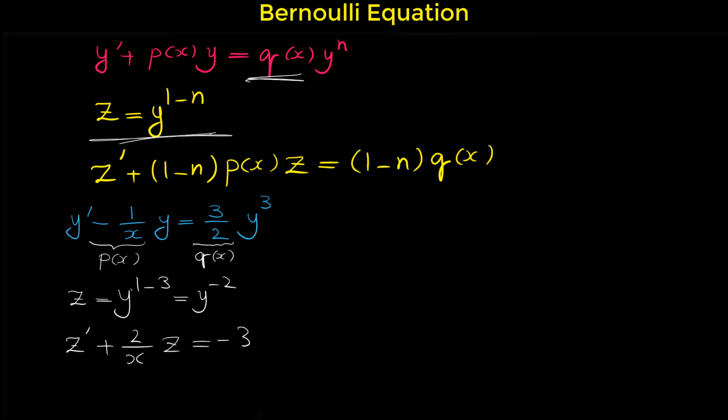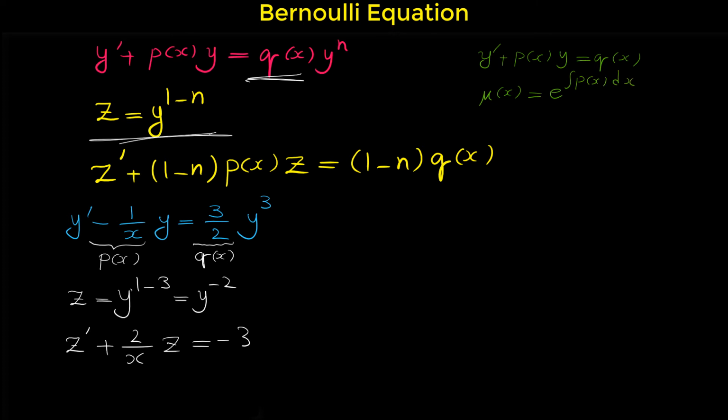Now let me remind you how we solve linear first order differential equations. In general, when we have y prime plus p of x times y equals q of x, for solving an equation like this, first we find the integrating factor mu of x, which is e to the power of integral of p of x dx.